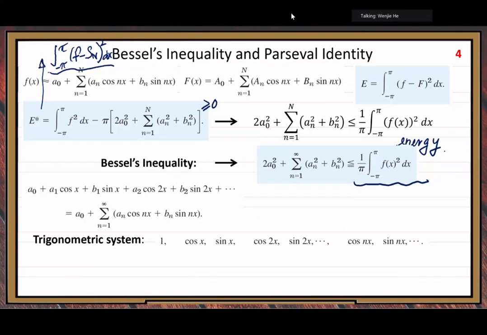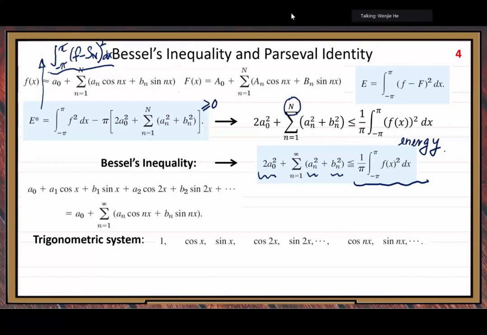Each term on the left-hand side only picks up a part of the energy. When we use capital N, a certain number of terms, we get a part of the energy.